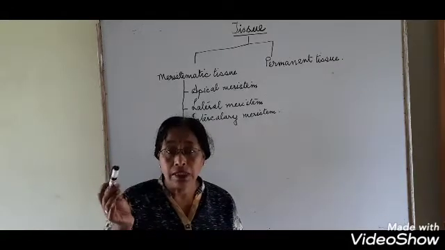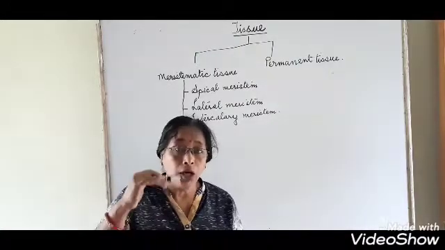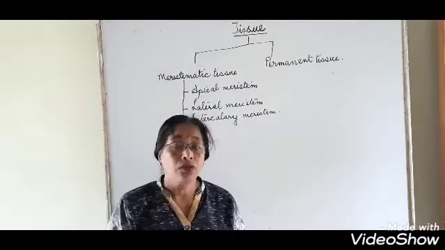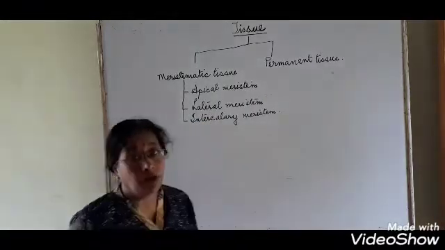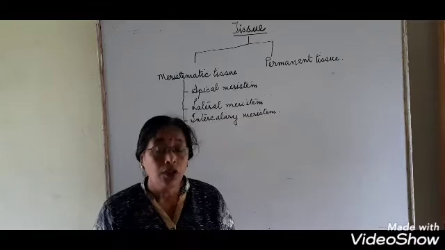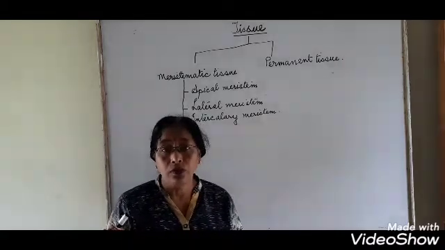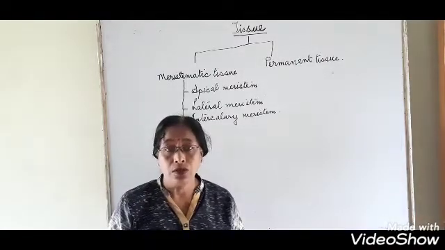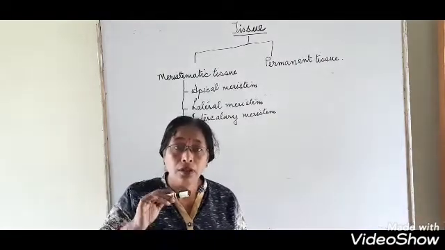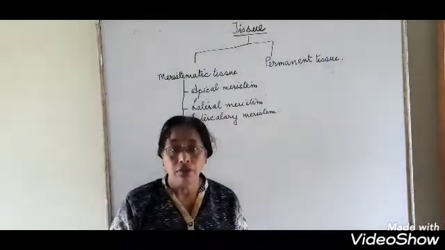The cells present in the shoot system, that is the upper part of the plant, are known as the apical meristem. They give rise to new cells, leaves, branches, twigs. They also give rise to the root system, that is, upwards or downwards.